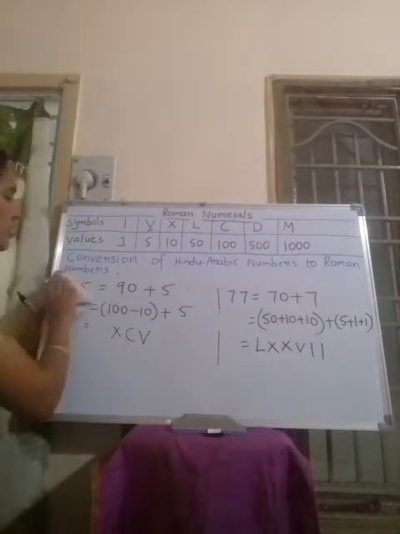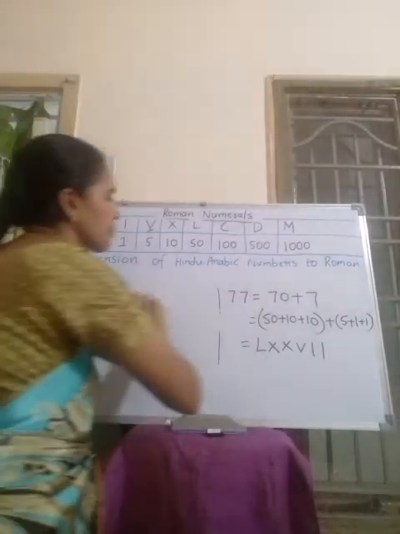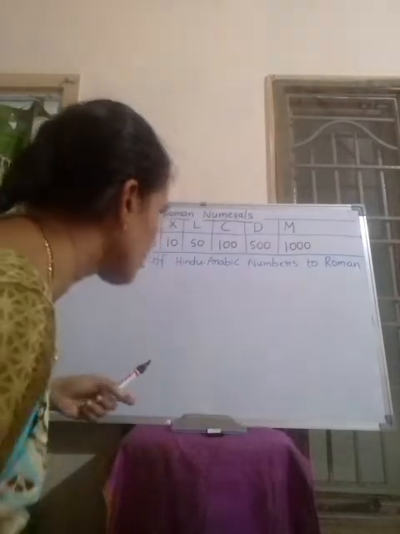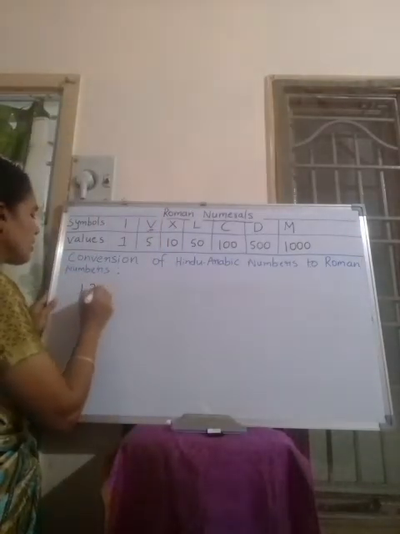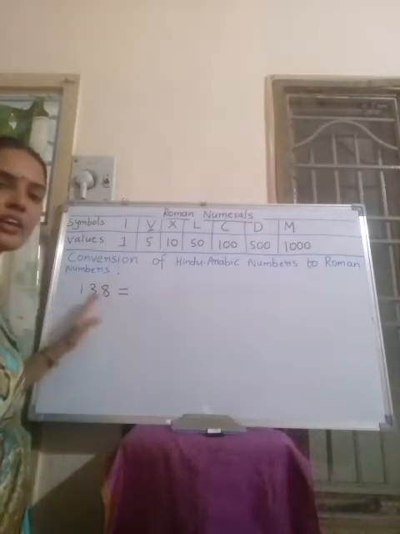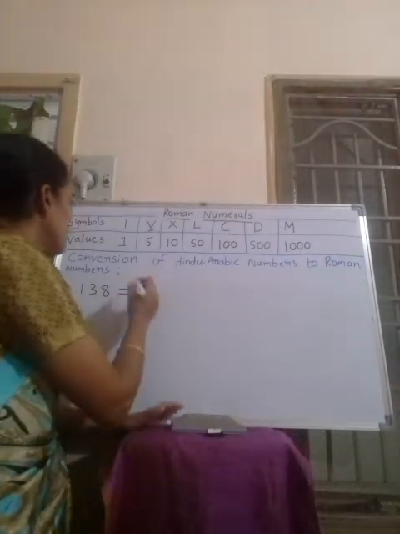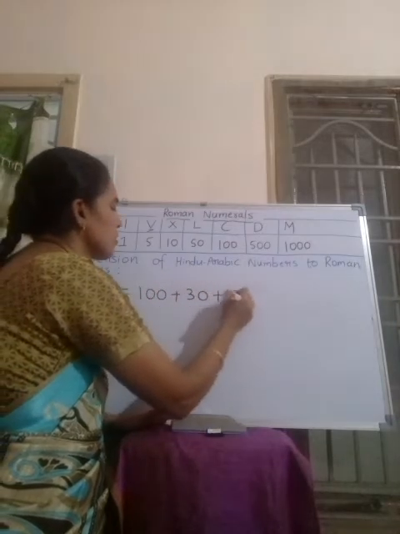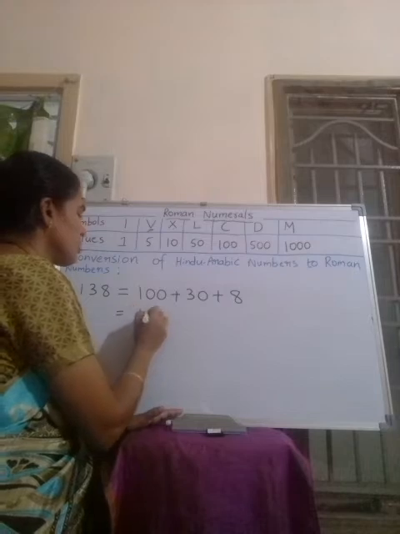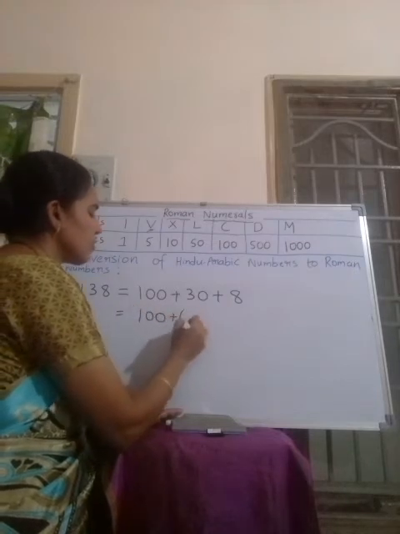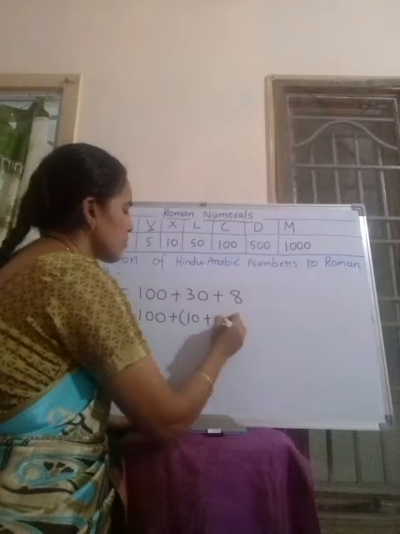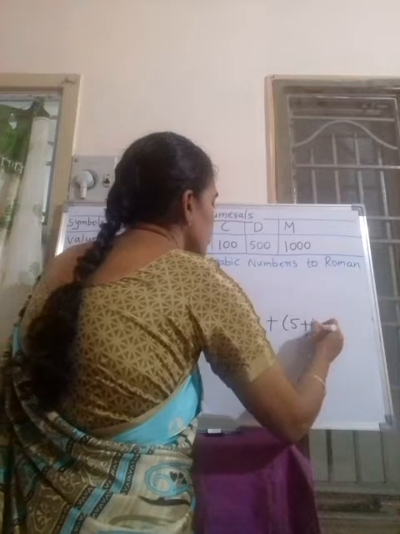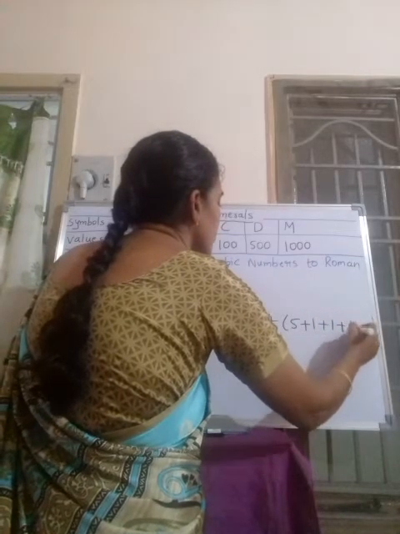Now let's take some 3-digit numbers. 138. First I am writing the expanded form: 100 plus 30 plus 8. The 100 symbol we have, and for 30 taking 10 three times, and for 8, 5 plus 1 plus 1 plus 1.